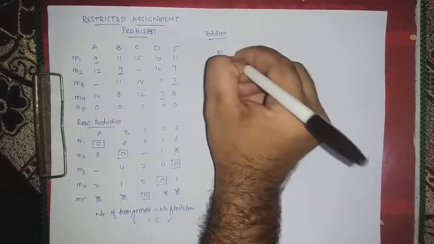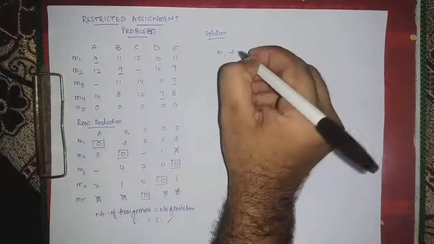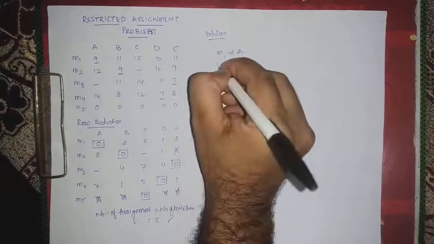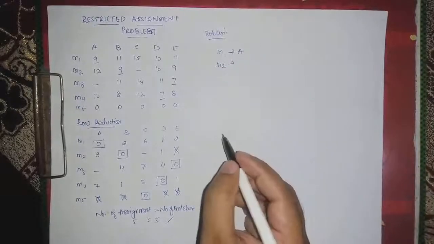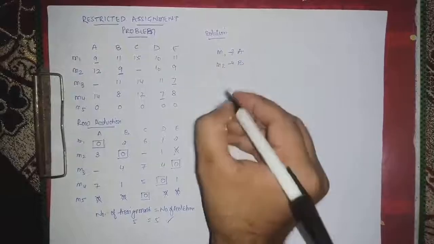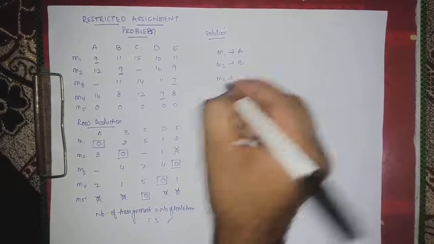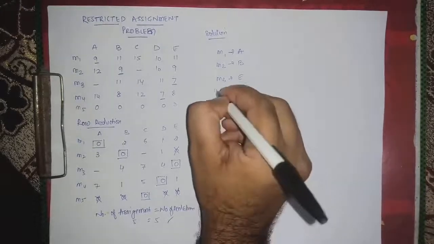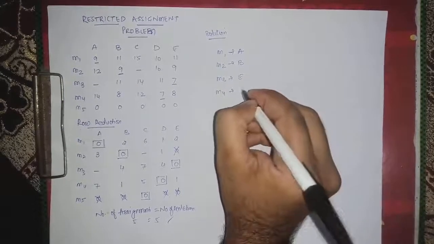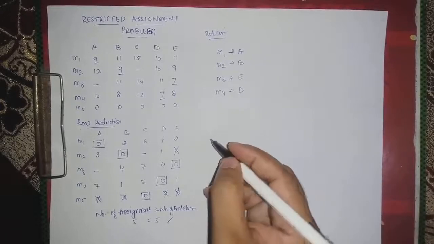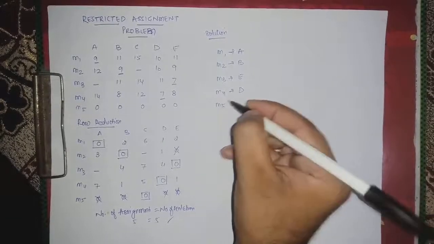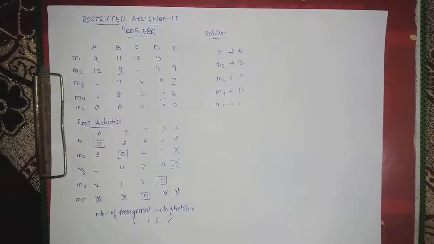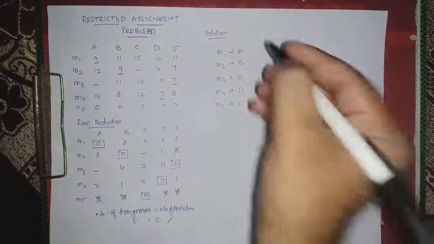M1 has been assigned to A. Machine 1 has been assigned to room A. Machine 2 has been assigned to room B. Machine 3 has been assigned to room E. Machine 4 has been assigned to room D. Machine 5 has been assigned to room C. Okay, done.